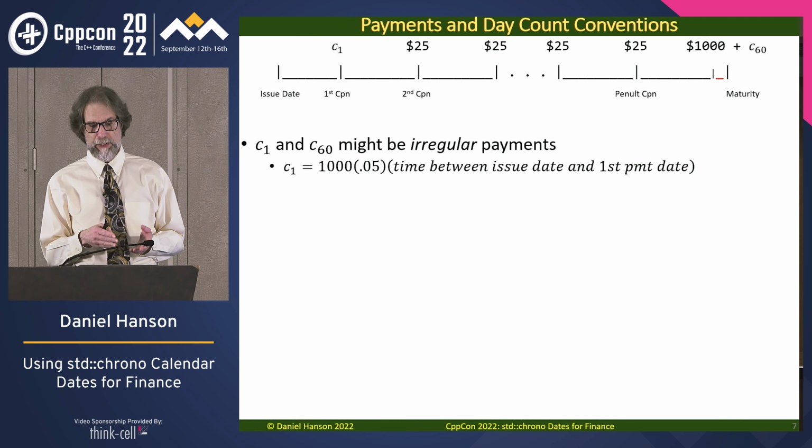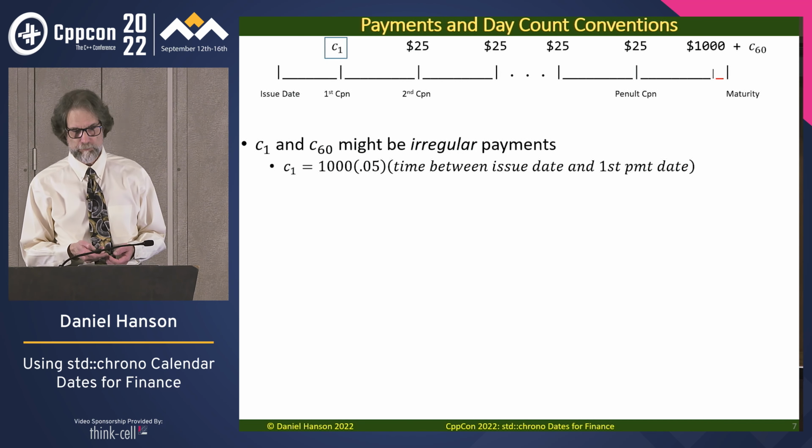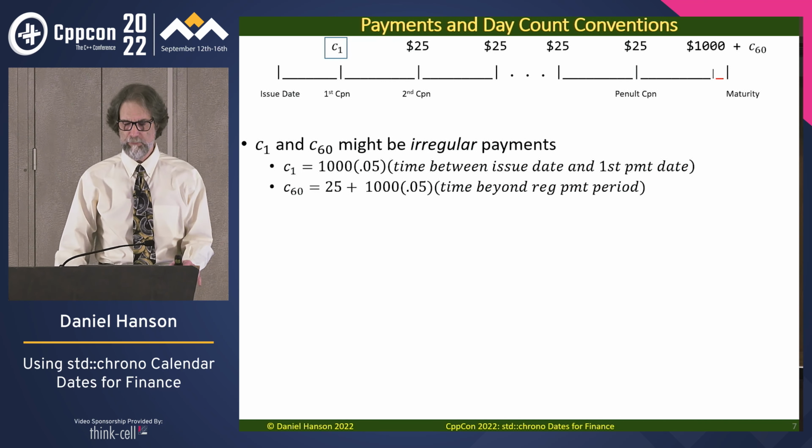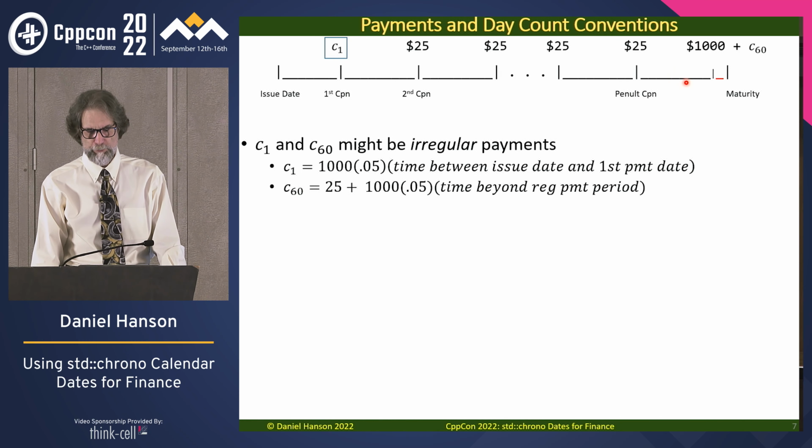So it can be different from the $25. It is possible that it's a regular payment date, but sometimes they're irregular. On the tail end, what you have is the regular period plus a little bit extra. So that means we're going to be paid $25 plus 1,000 times the coupon rate and then the time remaining in units of years.